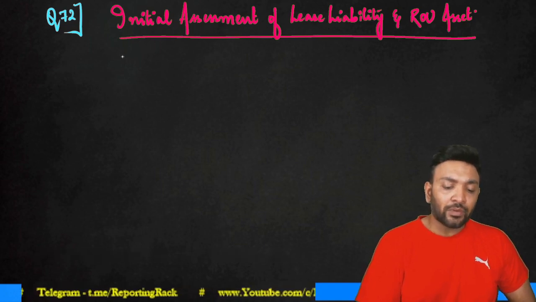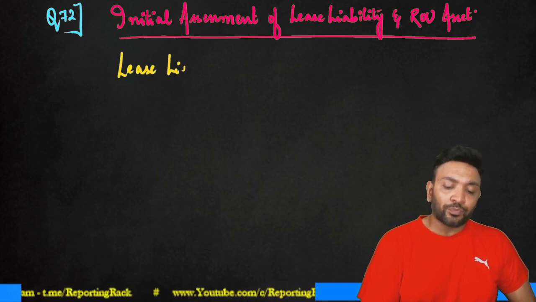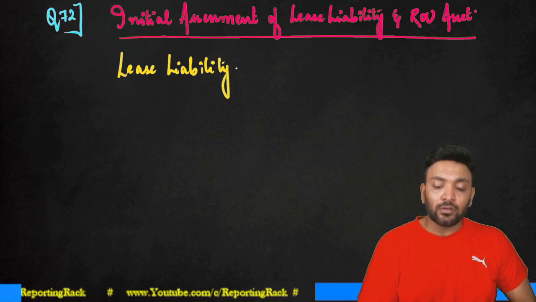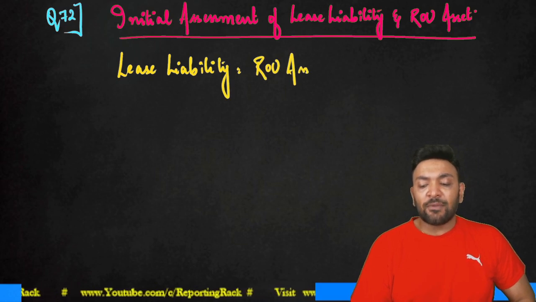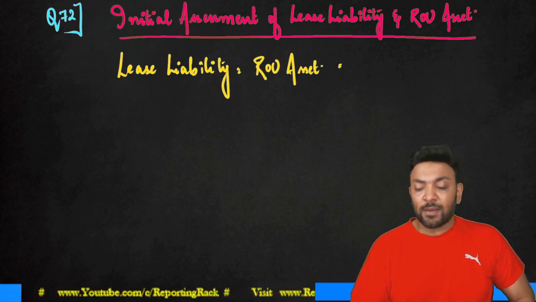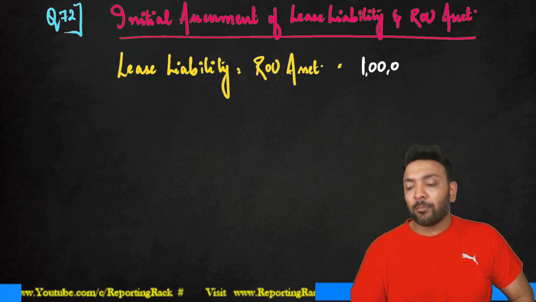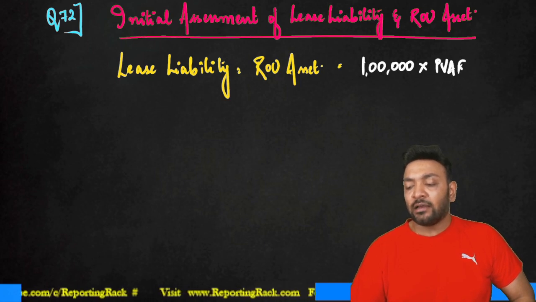Let me write down. Lease liability is equal to ROU asset is equal to, lease payments are same, right? And the lease payments are same, so you can directly calculate. It is 1 lakh multiplied by present value annuity factor.